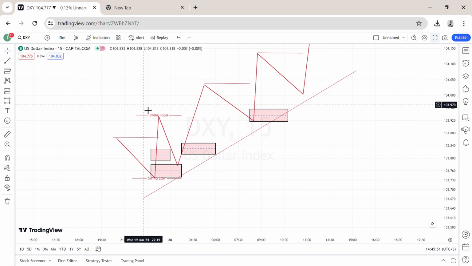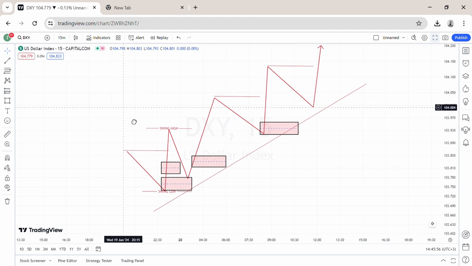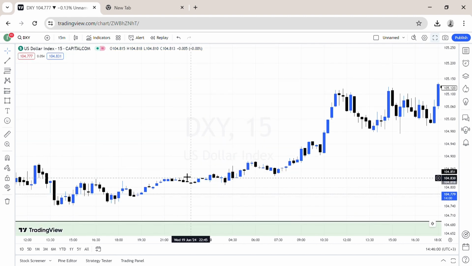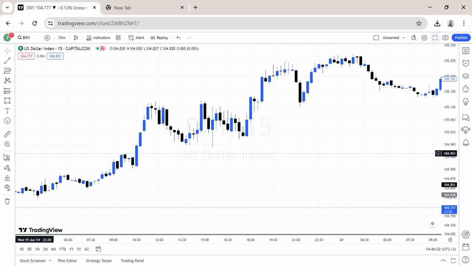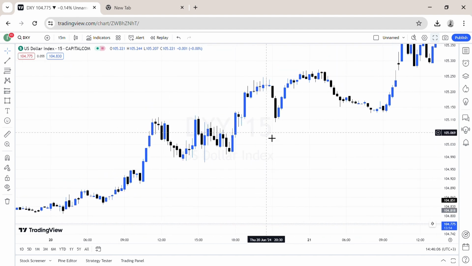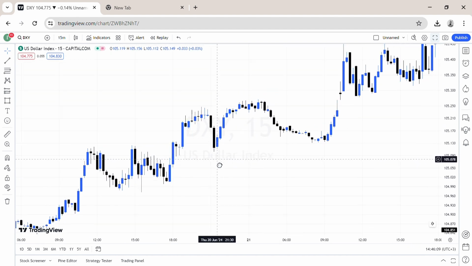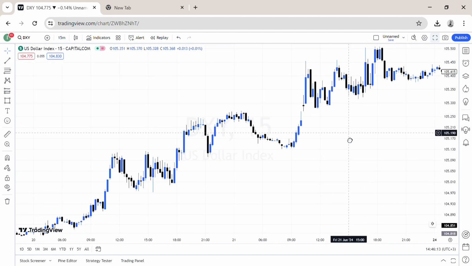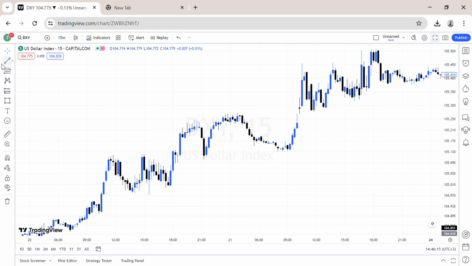Now, before wasting a lot of time, let me go to the charts. So I'm using DXY right here. This is DXY. Now, exactly. Considering this bullish market, okay, this is a bullish market.